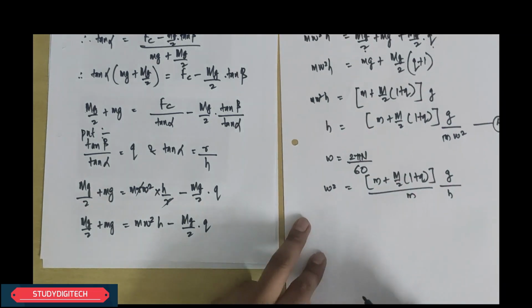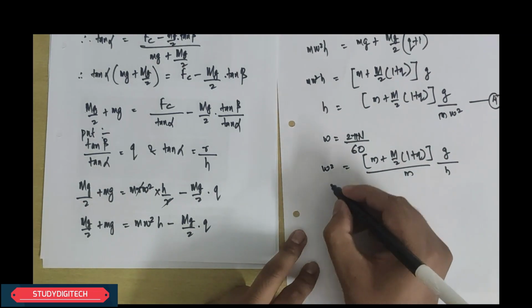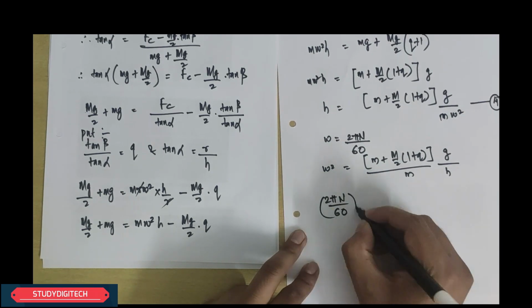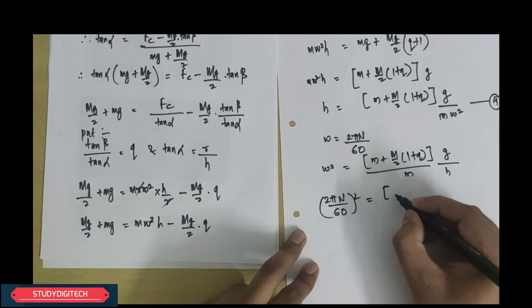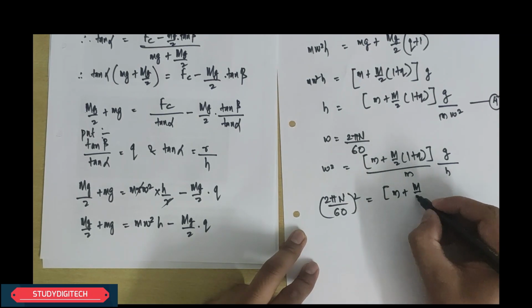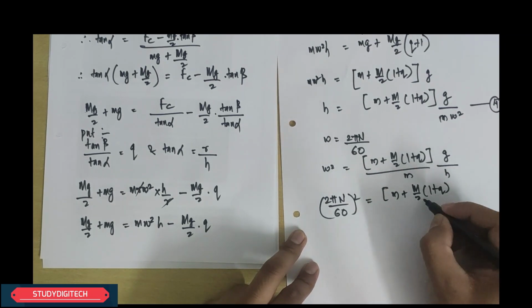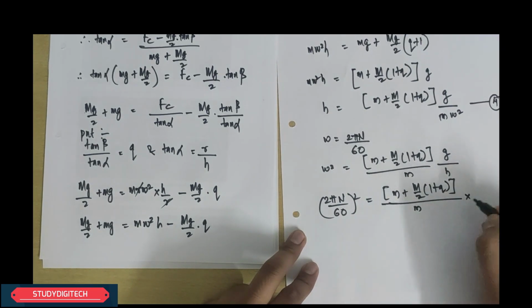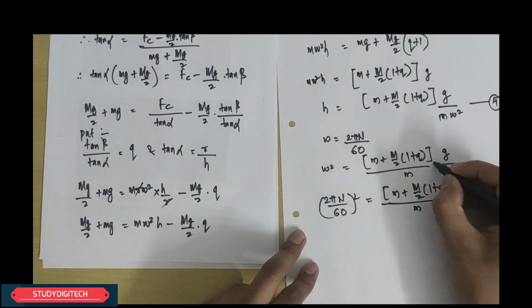So (2 pi n upon 60) square is equal to (m plus M) divided by 2 into (1 plus q) mg divided by h.